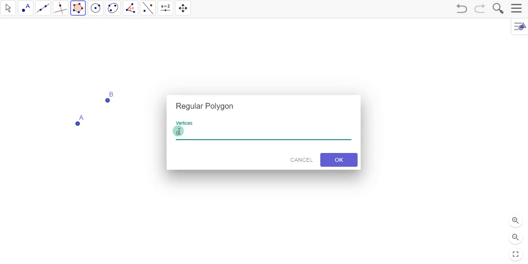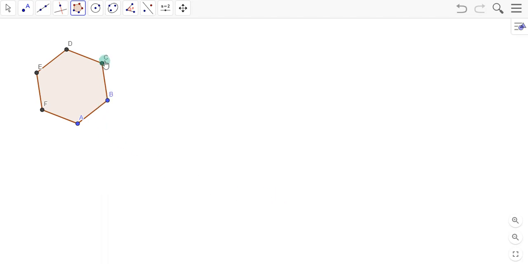Here I take a 6-side regular polygon. All sides of this polygon are equal. That means the length of AB, BC, all sides are equal; only then do we call it a regular polygon. So this is a 6-side polygon.